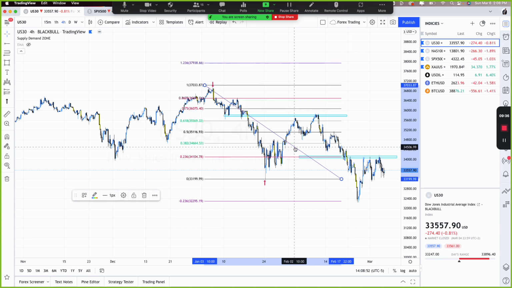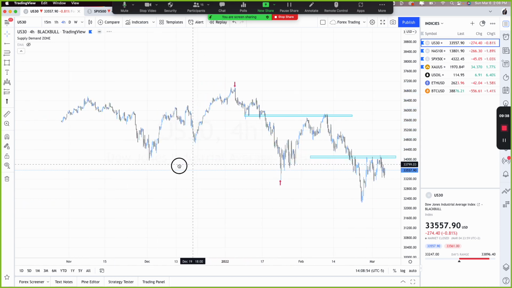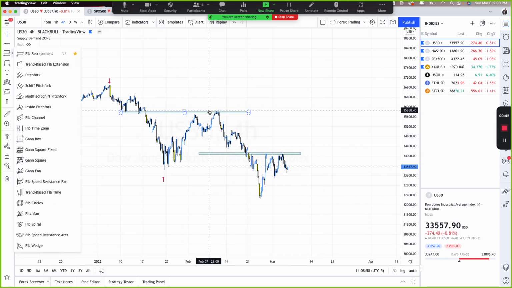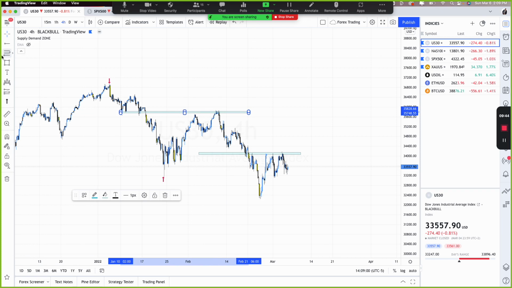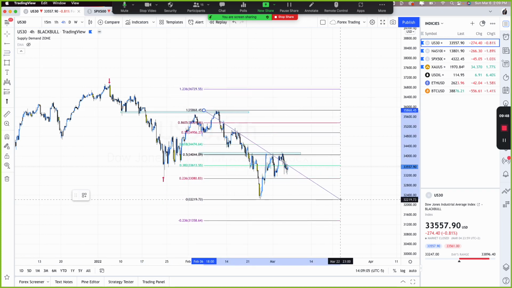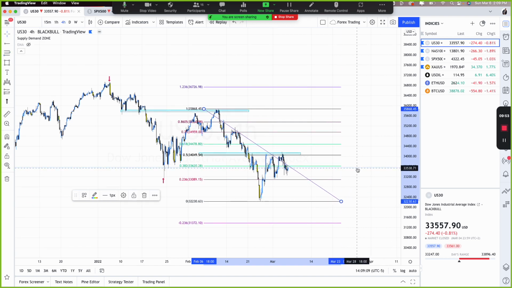Watch this. Let's take this new move, about here to about here was the swing. Guess what my potential target is going to be?